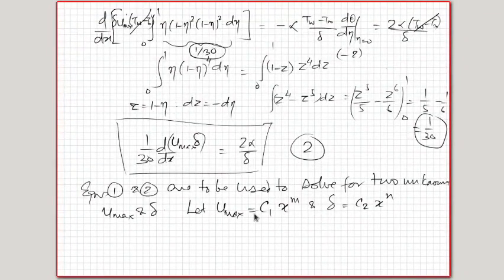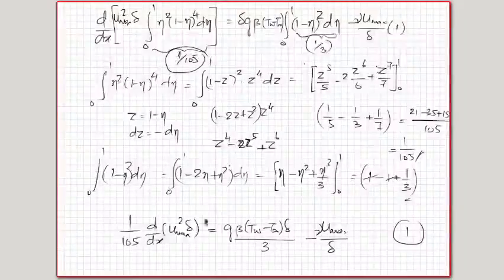So if I substitute these into equations 1 and 2, I'll be able to differentiate this because the constants will come out of the equation and the x to the power will get differentiated. And for the equation to be valid for all x, I will need to equate the powers of x in all the terms.